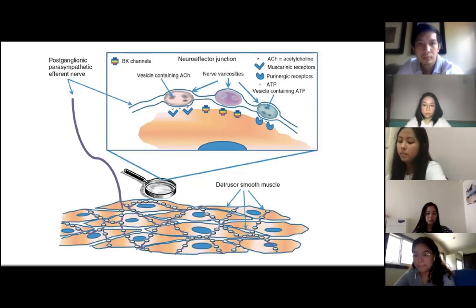The presence of gap junctions allows the excitation to propagate throughout the smooth muscle syncytium. The post-junctional receptors, such as the muscarinic and purinergic receptors, are present on the smooth muscle cell, and when they are activated by their respective agonists, these receptors initiate the excitation-contraction events of the smooth muscle.